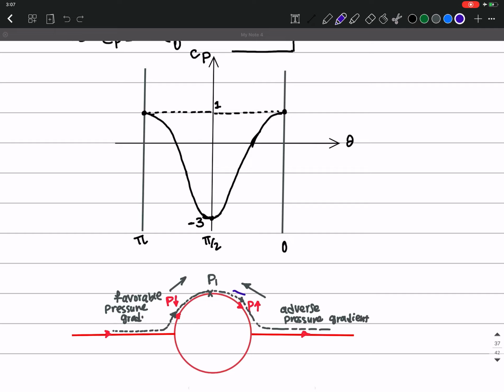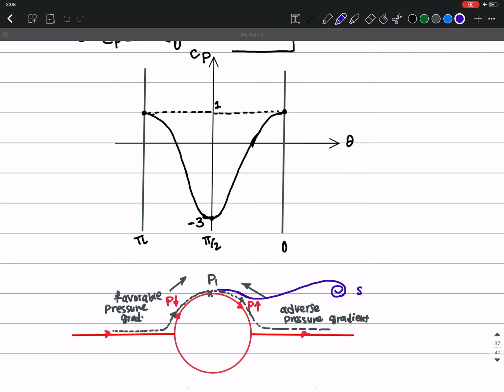It goes up to here, then starts going down like this, and because of the adverse pressure gradient, it will separate from the cylinder, and it will form something else, a vortex, which we call the Kármán vortex street, and I will come to that.